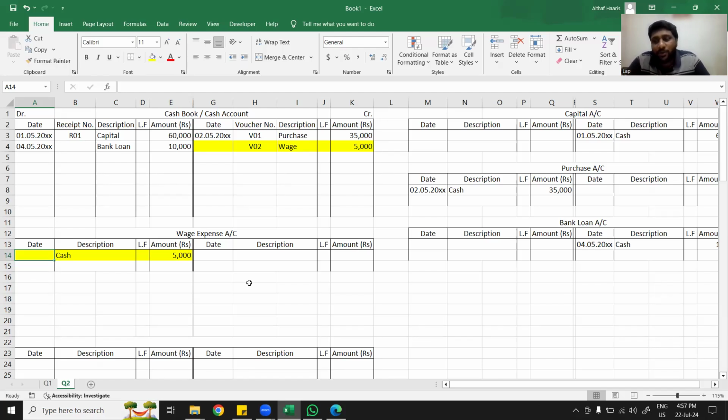Sometimes cleaning people come for only one day, clean and go, and come again after 2-3 days. We pay them based on the days they come. That's what we call wages. Salary is normally monthly.